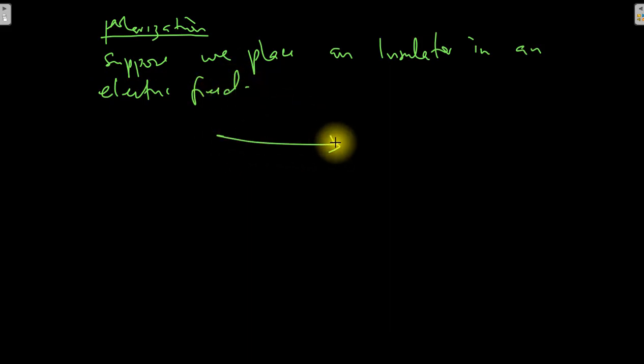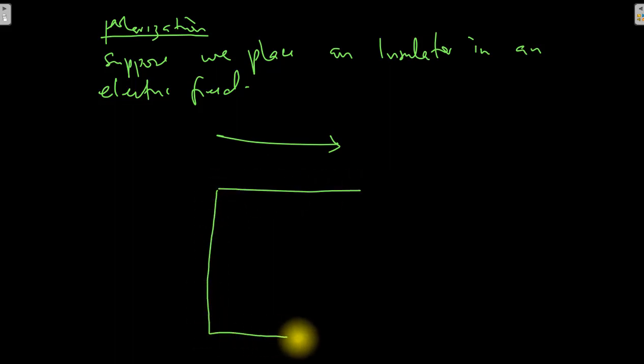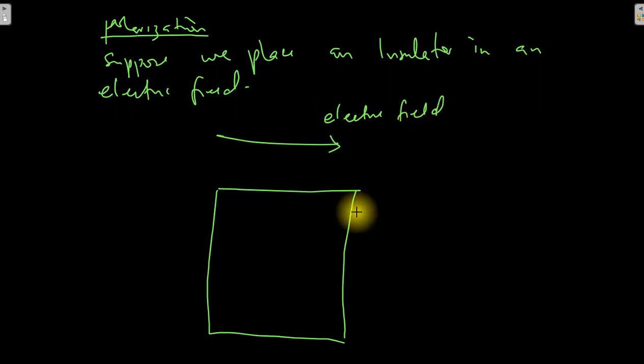So the electric field is in this direction. This is our insulator. This is the electric field.